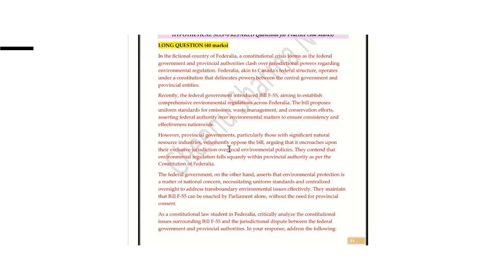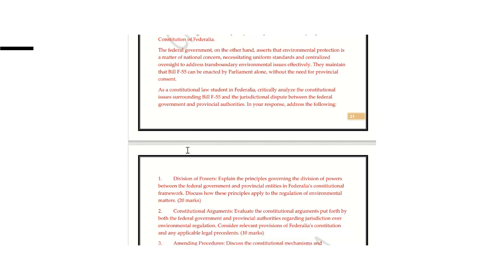They are saying that this is their local environmental policy. The subject matter of environment is under their exclusive jurisdiction. The federal government is saying that environment protection is a matter of national concern and requires uniform standards throughout the nation. And they can enact this bill without the need of provincial consent.